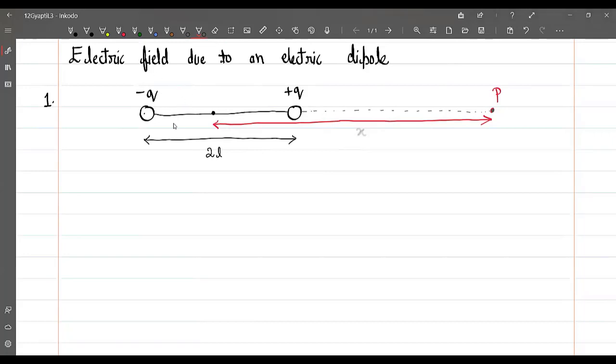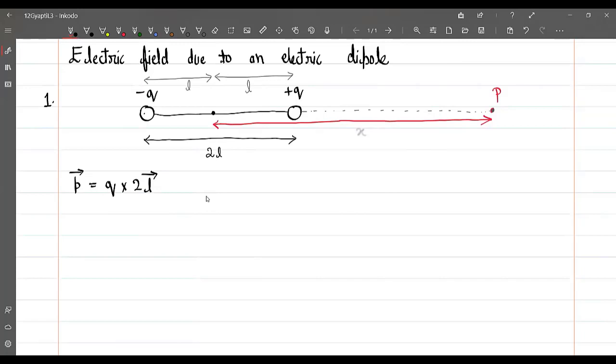So if this is 2L, I can write this distance as L, and this distance is also L. And from definition, our P vector is Q into 2L vector.